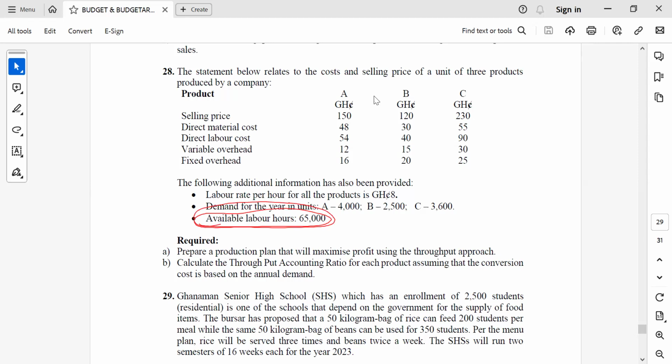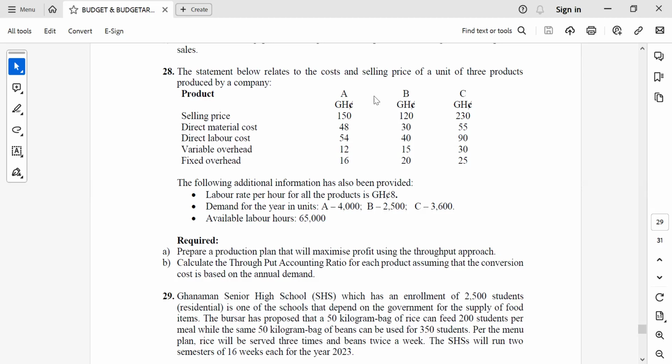Look at this question. How do we find the labor hour per unit? Look at the question very well. How do we calculate the labor hour per unit? So for A it will be 54 divided by the 8 cities. The 8 cities is the labor rate per hour for all the products.